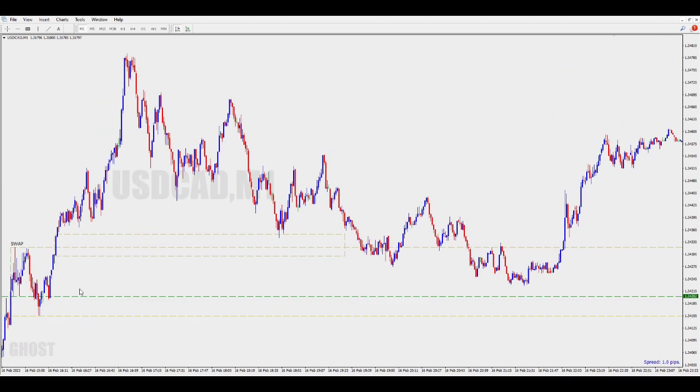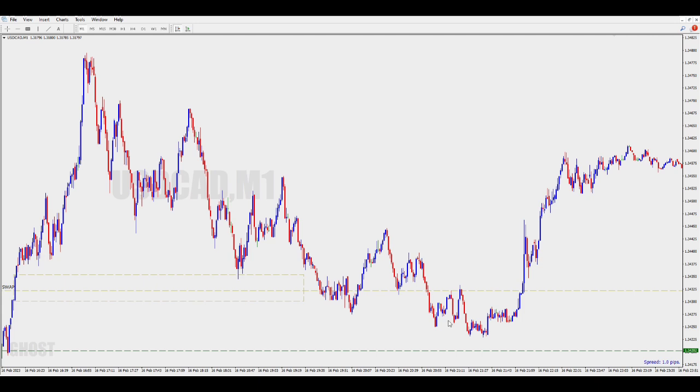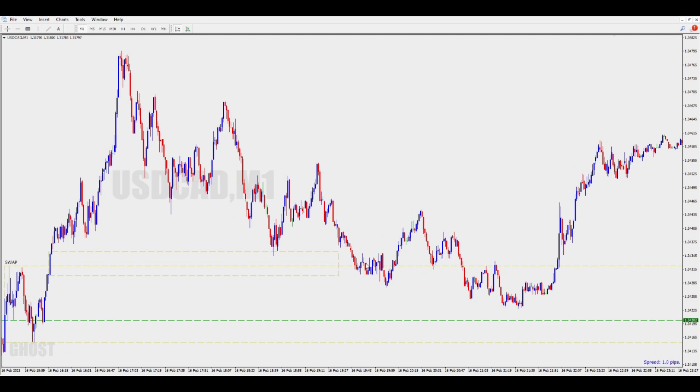You can see that price clearly made a movement from the RS, let's say, but I don't see any clear price action, and I also don't see any clear price action here that I would be trading.